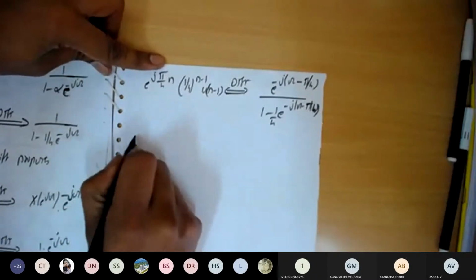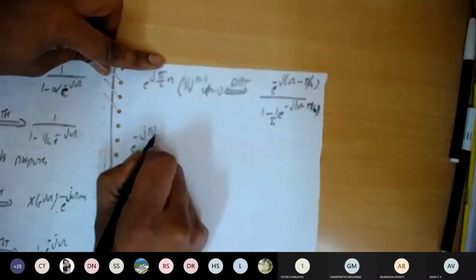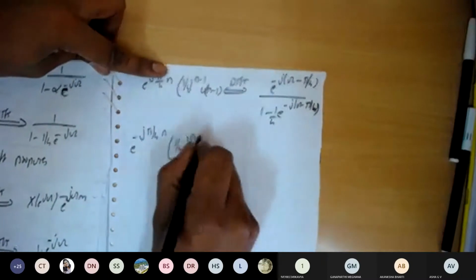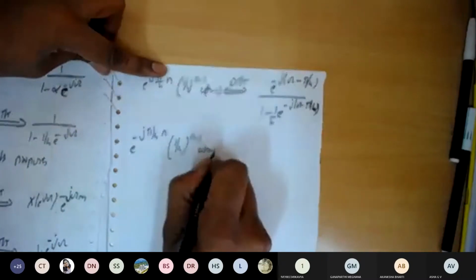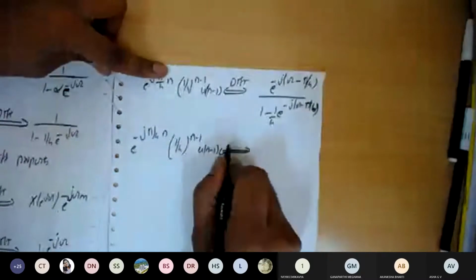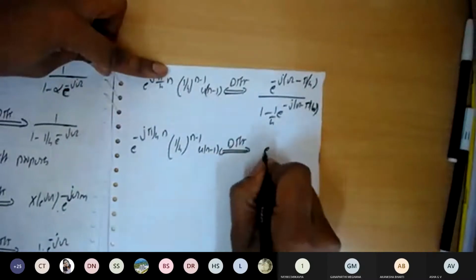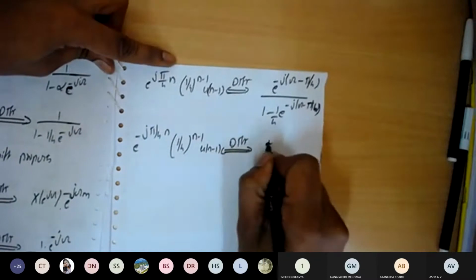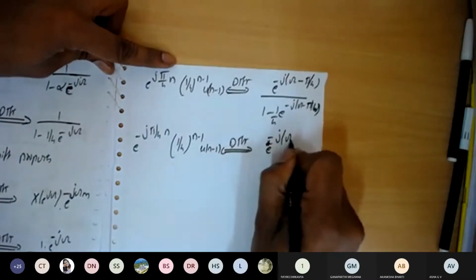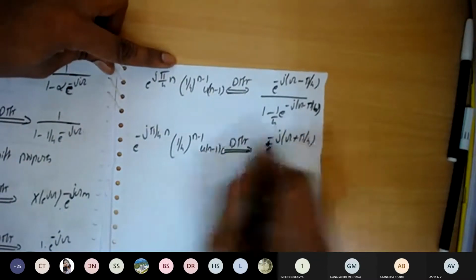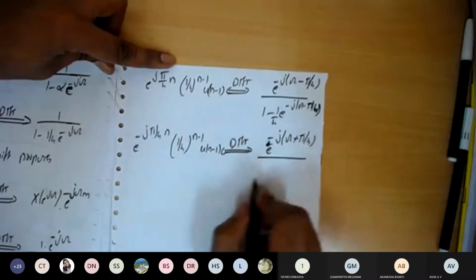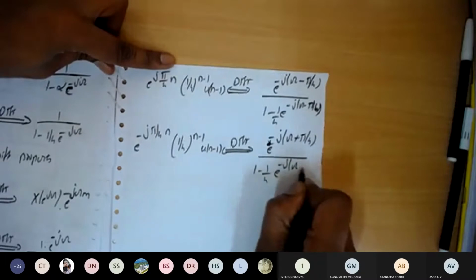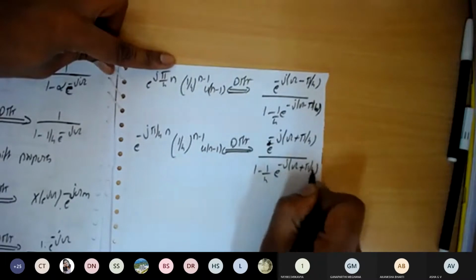And similarly for e^(-jπ/4 n) into (1/4)^(n-1) u[n-1], the corresponding DTFT becomes, sorry, with the minus, e^(-j(ω plus π/4)), since if minus, here it becomes plus. In the denominator also we will get ω plus π/4.